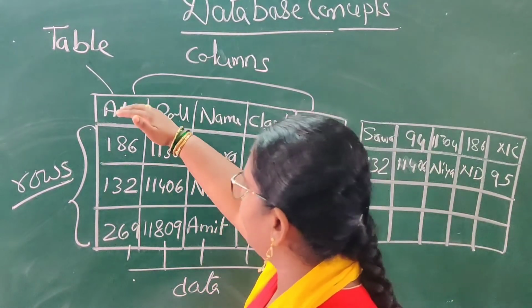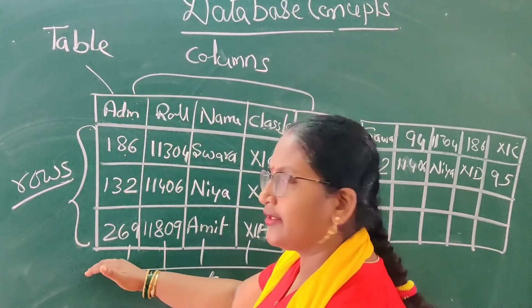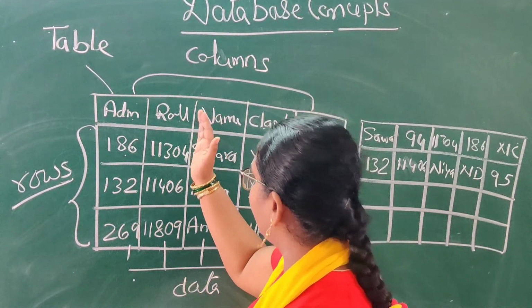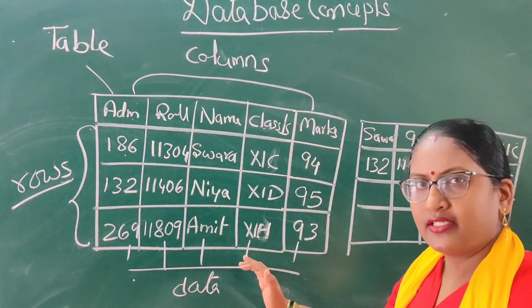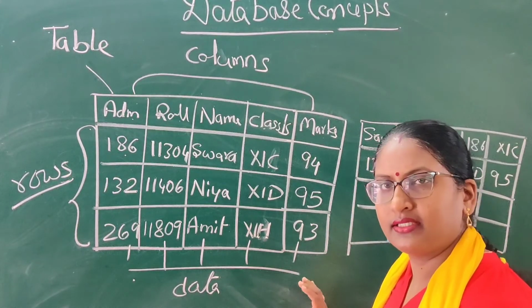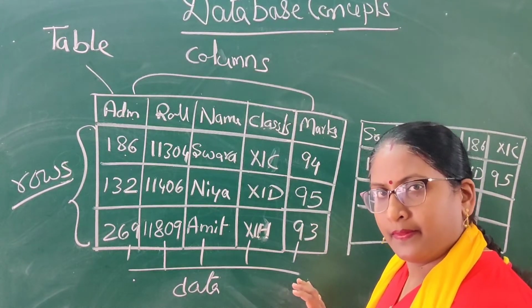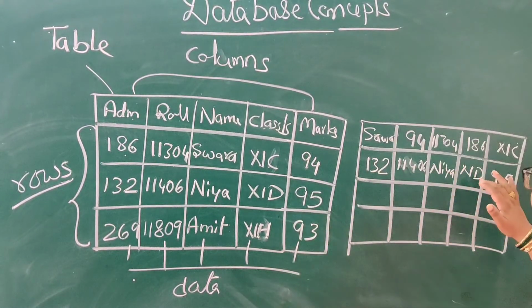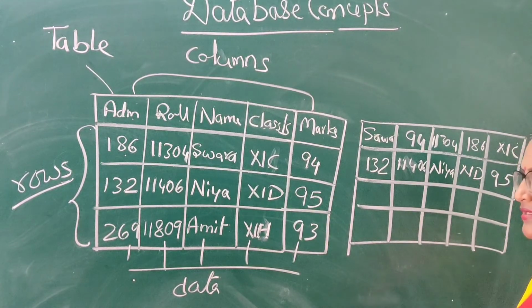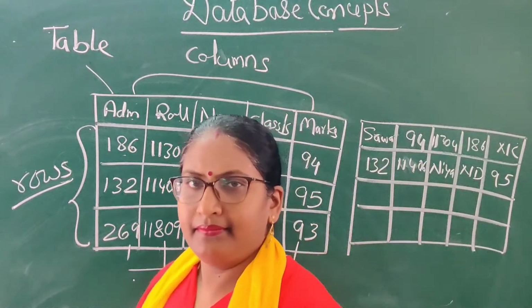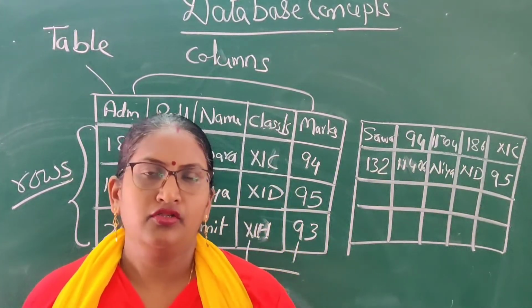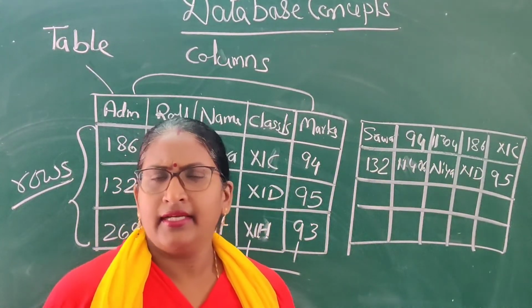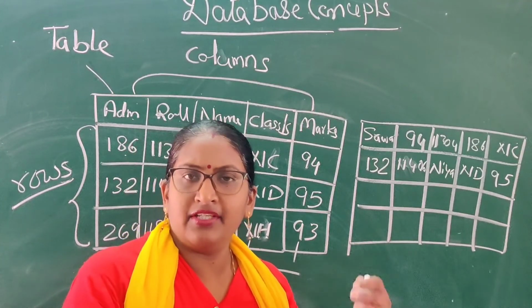This is your organized form. You can see under admission number there is admission number, under roll number roll number, under name name, under class and section class and section, under marks marks. Is the blank sheet in an organized form? No, it is simply a blank paper in which I have made the rows and columns and given you to write your details. It is not written which way you have to write what.